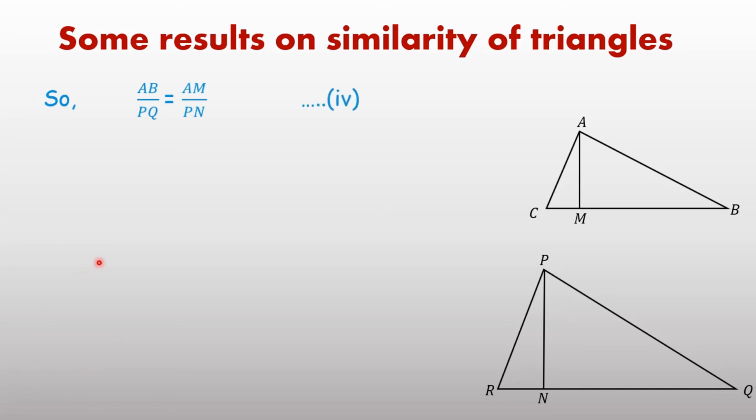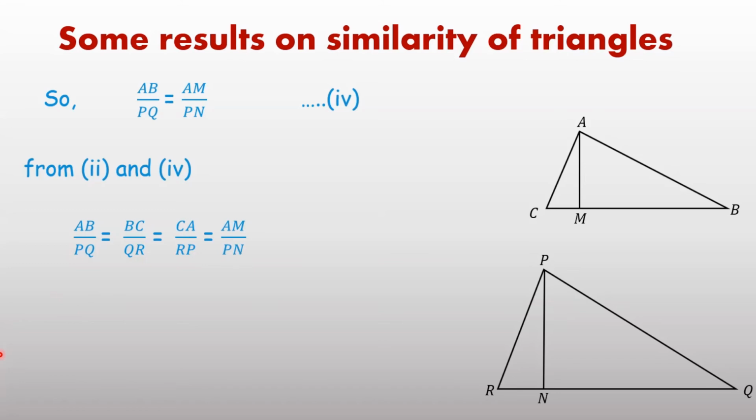Means AB upon PQ equal to AM upon PN. And if corresponding sides are in the same ratio, then from second and fourth, you will get final result: AB upon PQ equal to BC upon QR equal to CA upon RP, which is equal to corresponding altitude means AM upon PN. Second result is completed here.